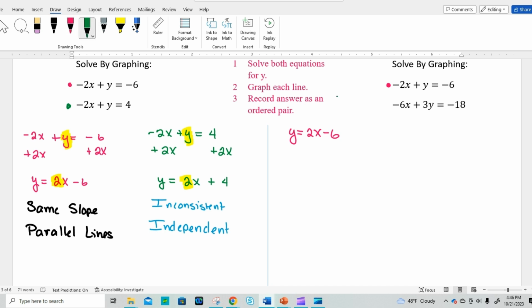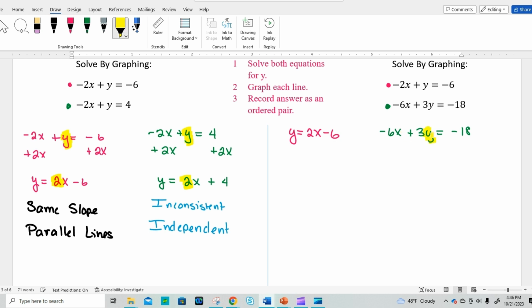And now my second equation. Well, that one looks kind of new. I haven't done that one before. So I will actually work through that one. So I have negative 6x plus 3y is equal to negative 18. Okay, well, the goal remains the same.